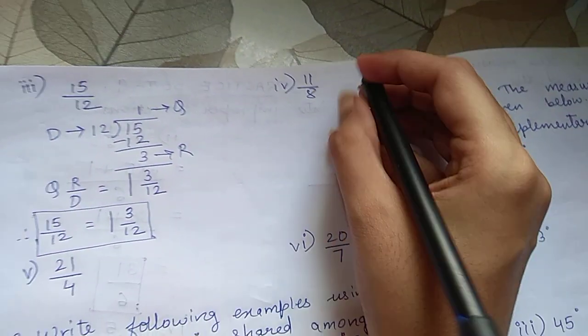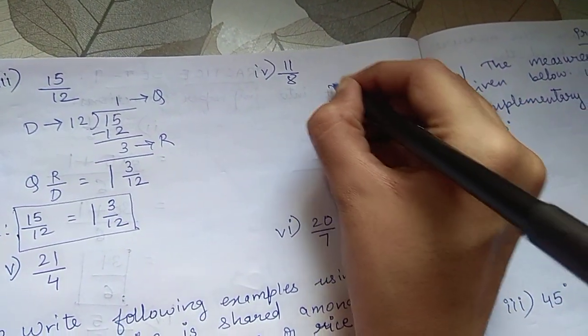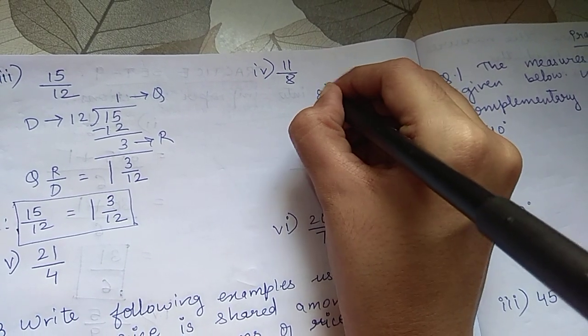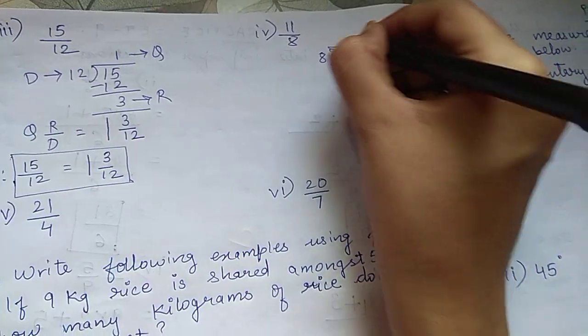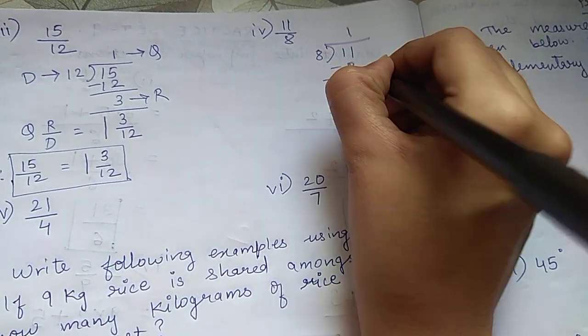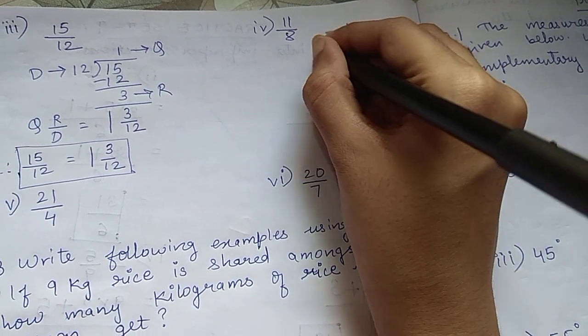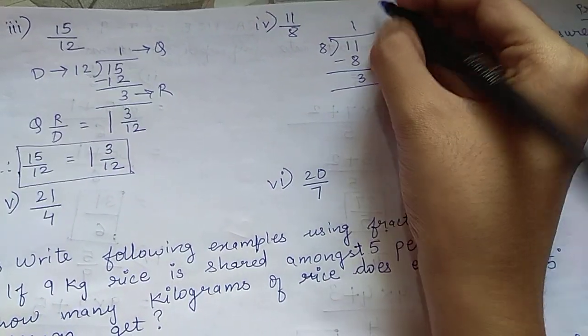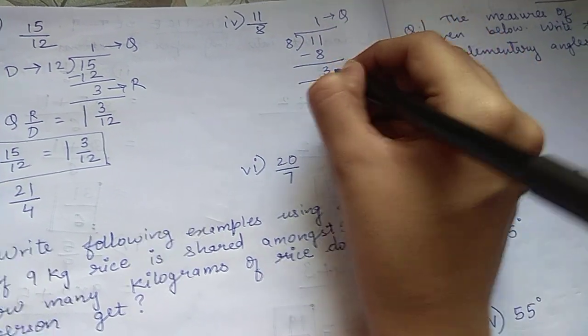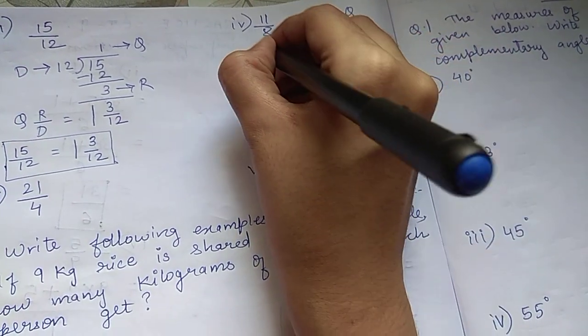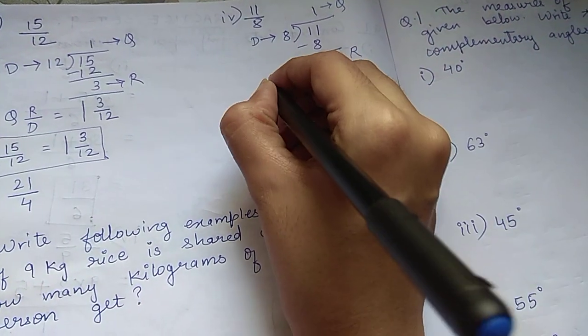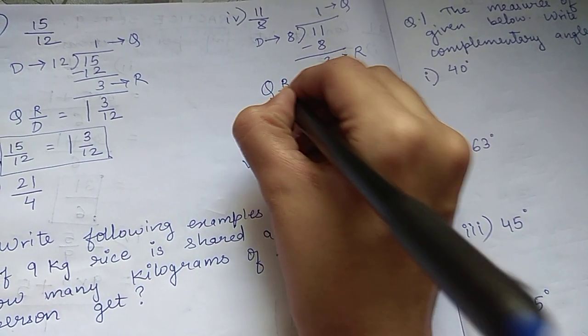Next, 11 upon 8. Again, 11 inside, 8 outside. 8 ones are 8. We cannot divide this, so we will stop here. Again, this is the quotient, remainder, and divisor. So quotient, remainder, divisor.